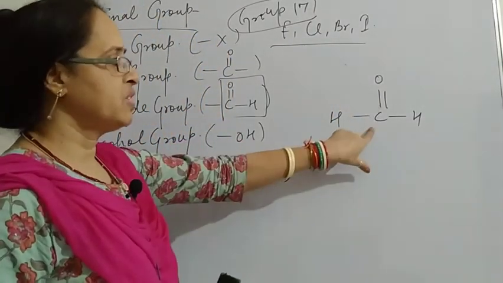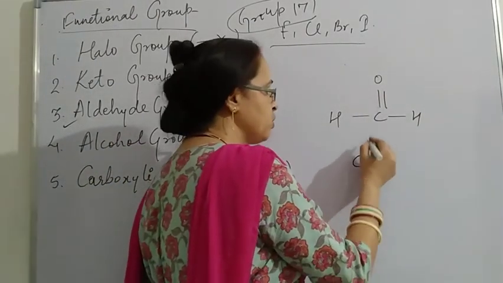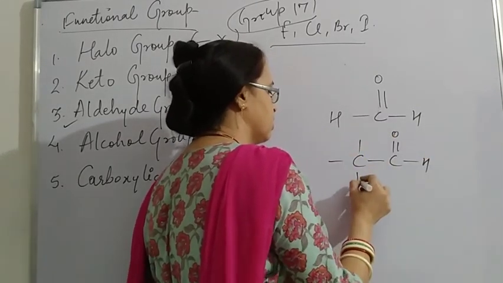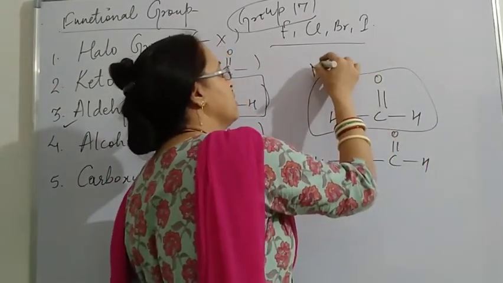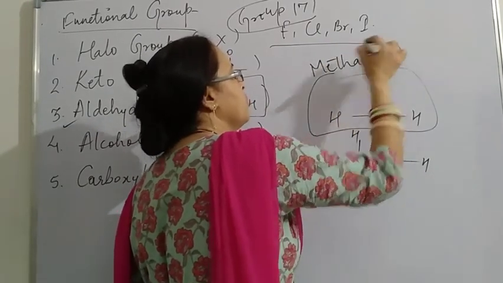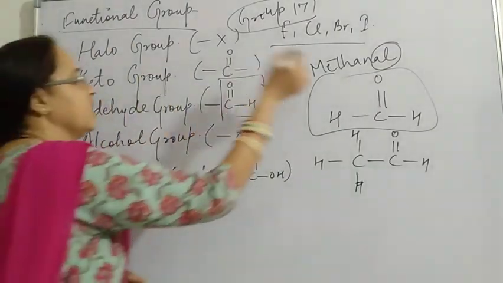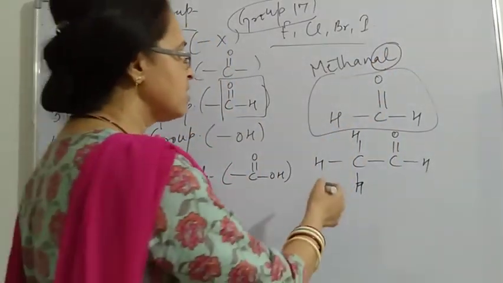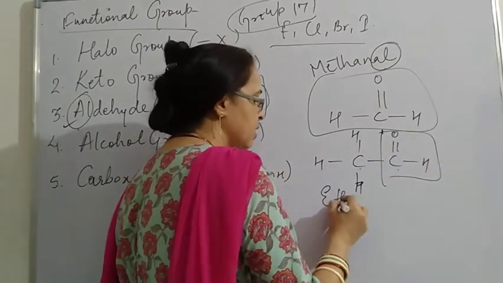So this is the first member of this aldehyde functional group, and when we talk about the second member, this comes to be this one, and this is named methanol. Here this is the suffix and this is the prefix. The prefix of the aldehyde is placed as the suffix, methanol, and this two carbon compound with the aldehyde group is said to be ethanol.